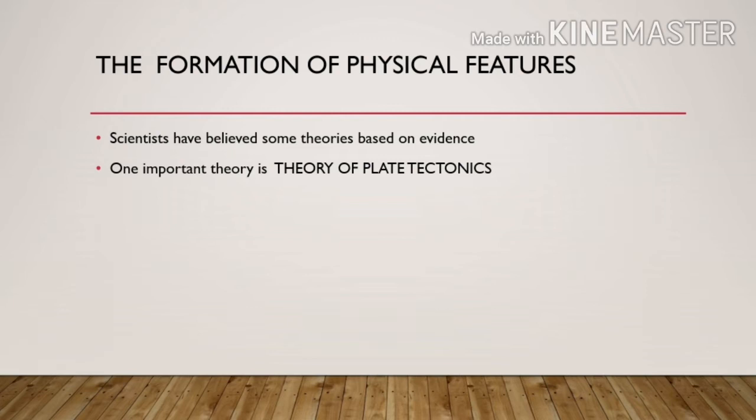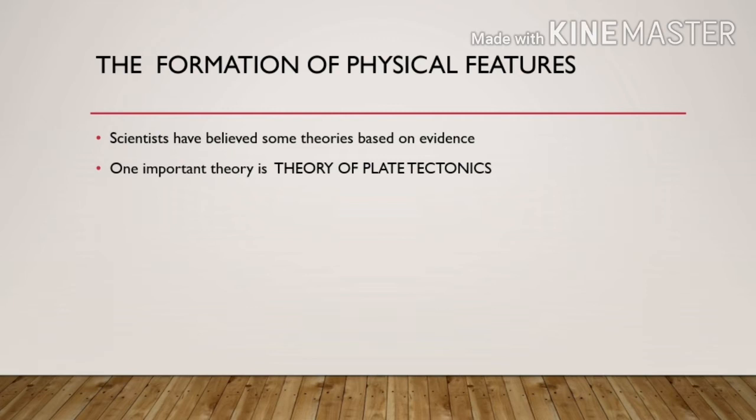On that basis, one of the most important conclusions they came to is the theory of plate tectonics. According to this theory, the crust, the upper part of the earth, has been formed out of several major and some minor plates.